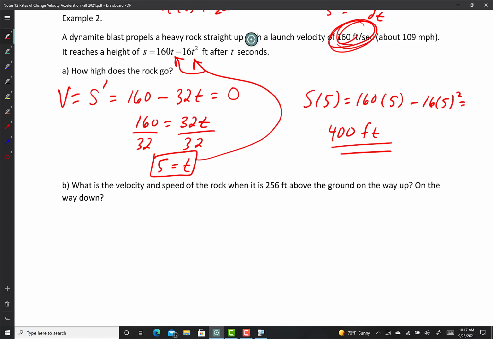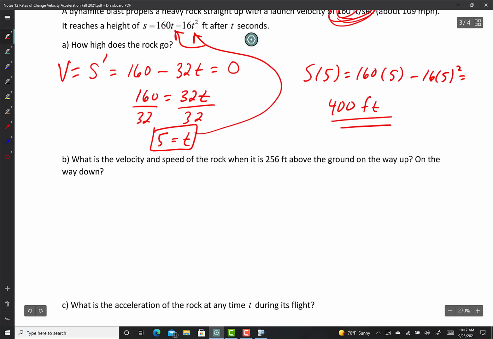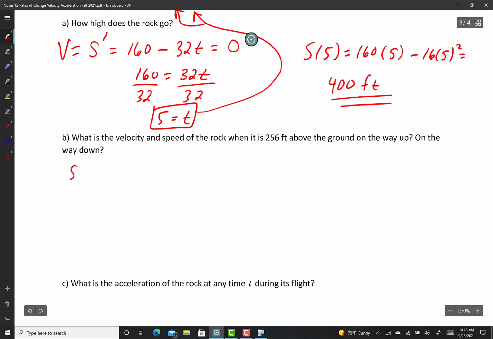So next letter, it says, what is the velocity and speed of the rock when it is 256 feet above the ground on the way up, on the way down? Okay. So I need to figure out a time when you're 256 feet on the way up and on the way down. Cool? So what I'm going to do is set my expression, s of t, equal to 256.